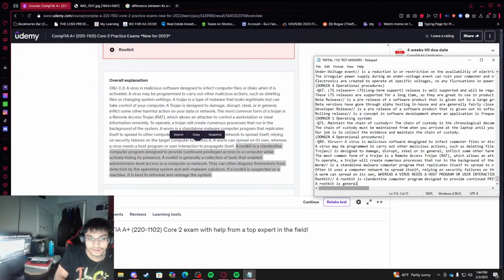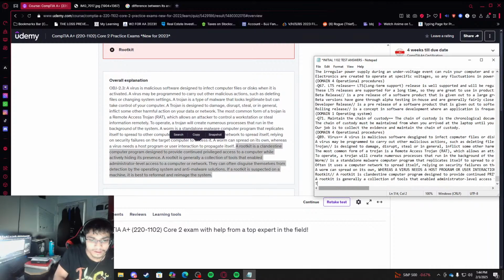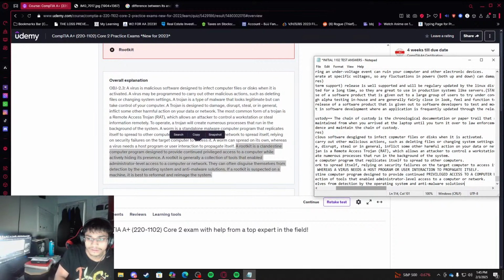A rootkit is generally a collection of tools that enables administrator-level access and can often disguise themselves from detection by the operating system and anti-malware solutions.